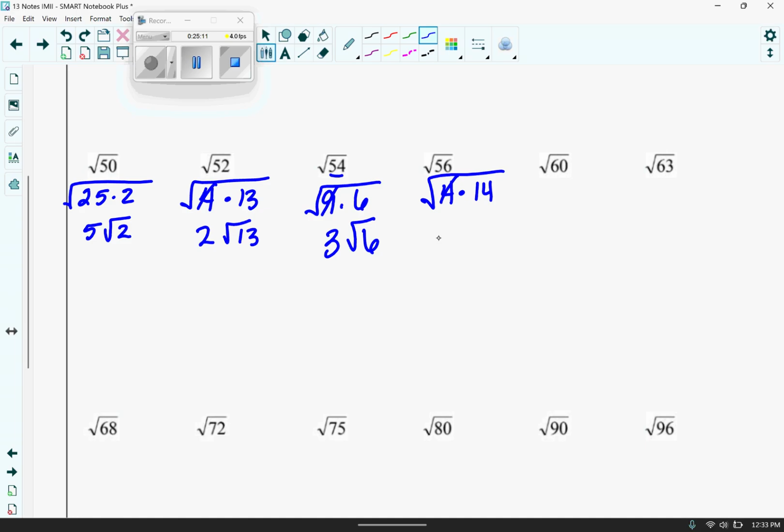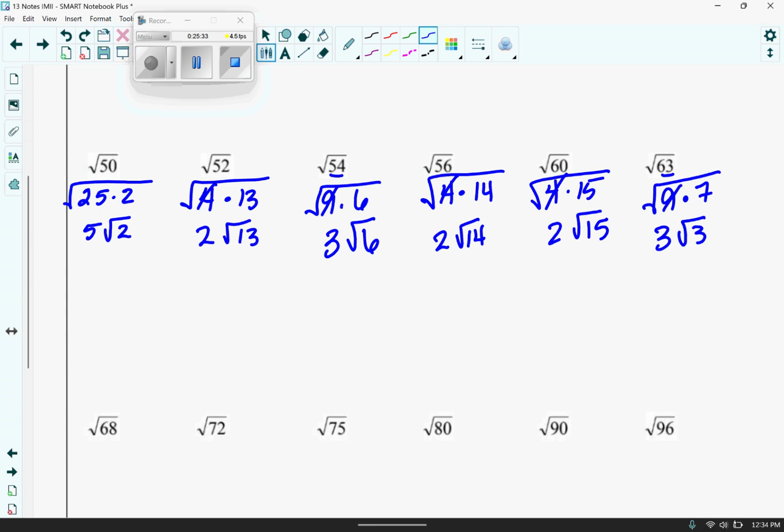Square root of 4 is 2, so 2 radical 14. 60 is 4 and 15. Square root of 4 is 2, radical 15. 63, 6 and 3 adds up to 9, so I know it's 9 times 7. Square root of 9 is 3. Oops, 3 radical, not 3 radical 3. 3 radical 7.